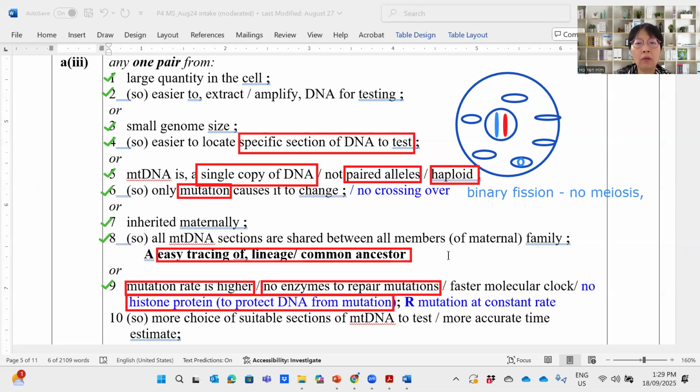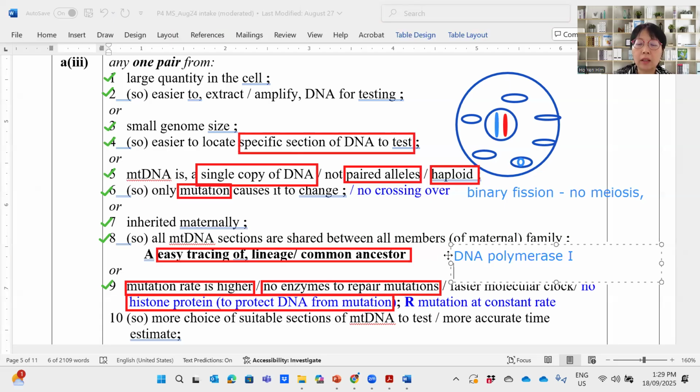Like for eukaryotes, when they carry out DNA replication, they use DNA polymerase, right? They use DNA polymerase to extend the DNA strand by adding the nucleotides.